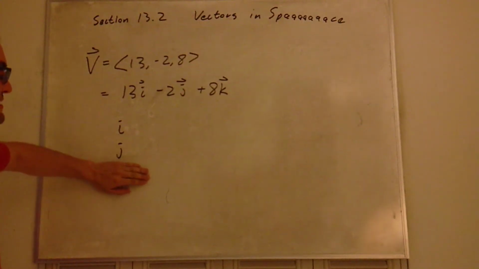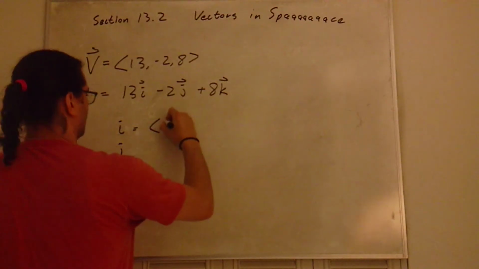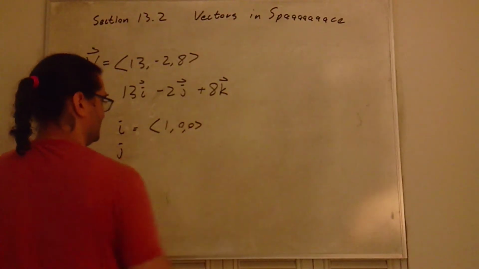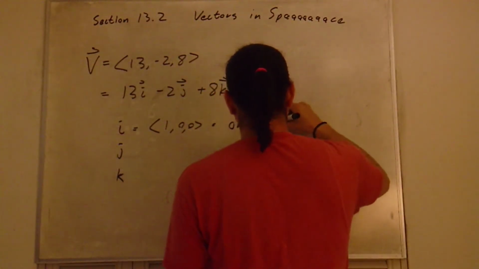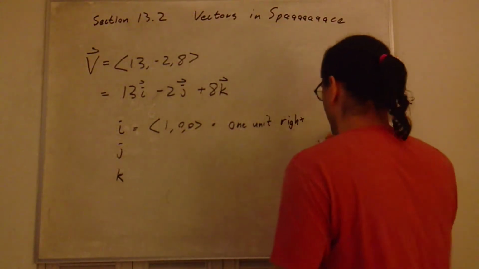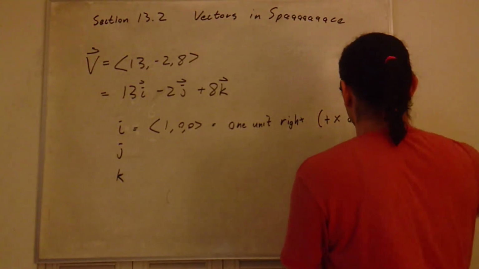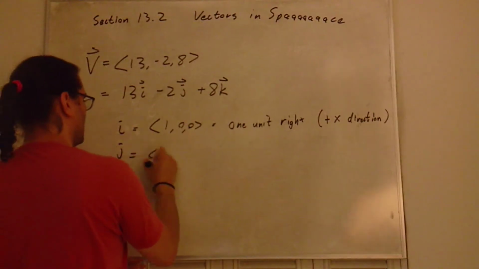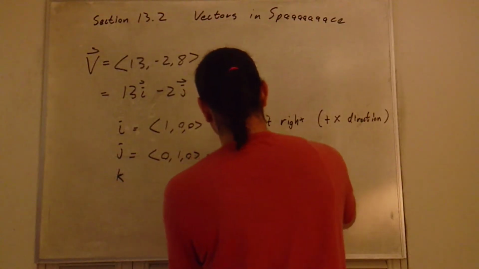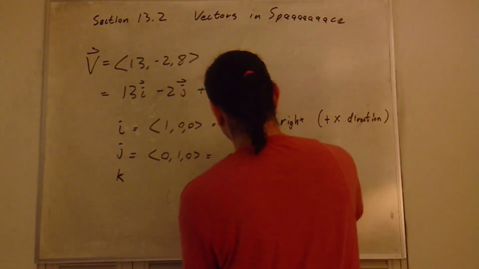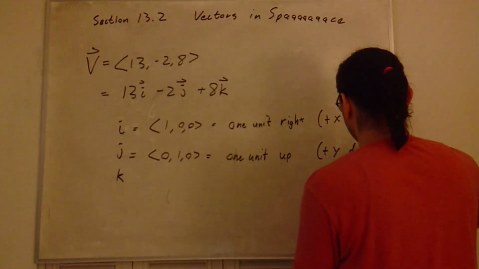And if you're doing 2-space, it's just i and j. i means <1, 0, 0>, which is the same as 1 unit right, or the positive x direction. j is the unit vector <0, 1, 0>. This is 1 unit up, which is the positive y direction.